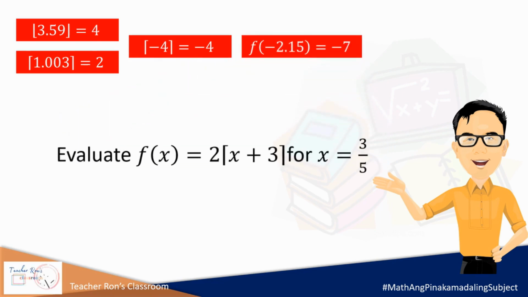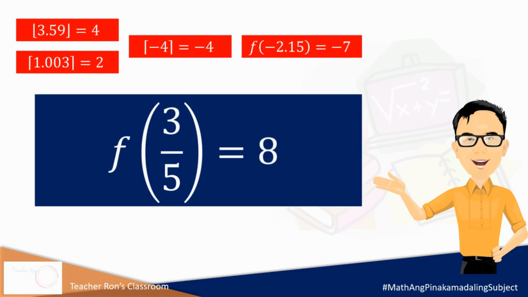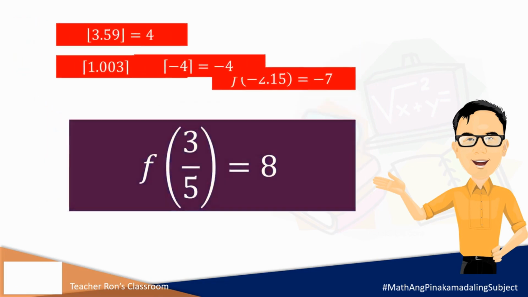Last, evaluate f of x equals 2 times the ceiling of x plus 3 for x equals 3 over 5. F of 3/5 is equal to 8.